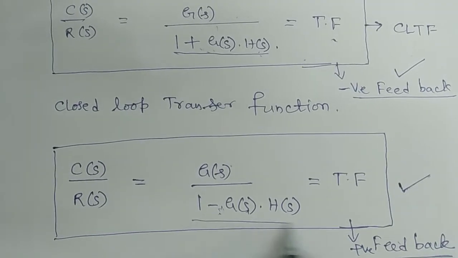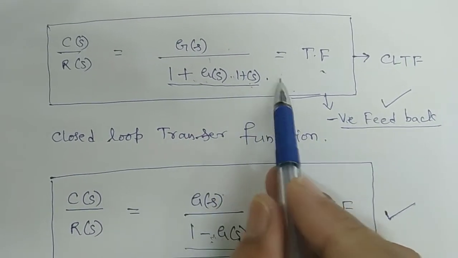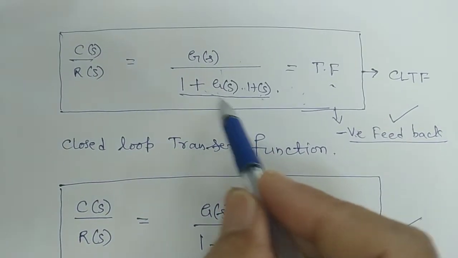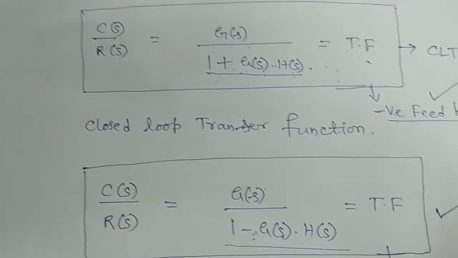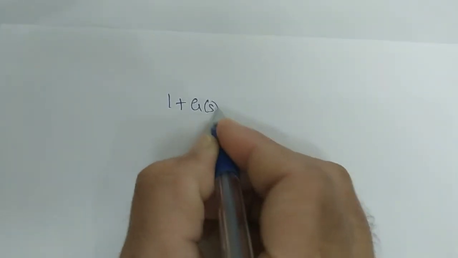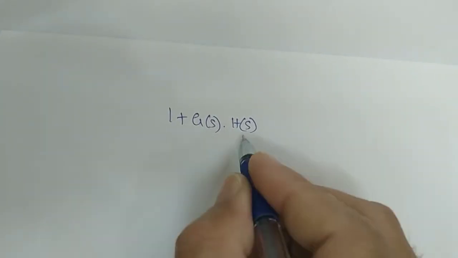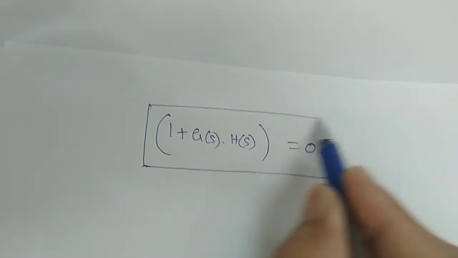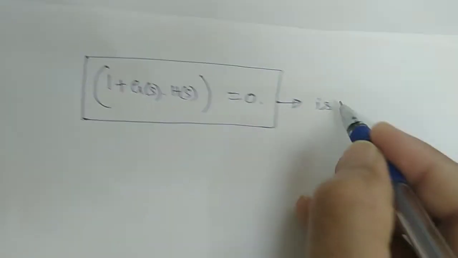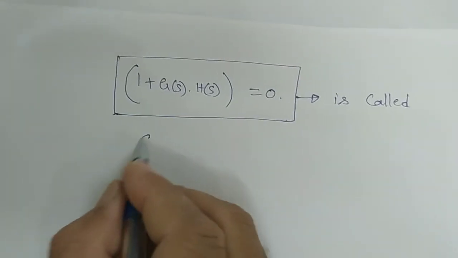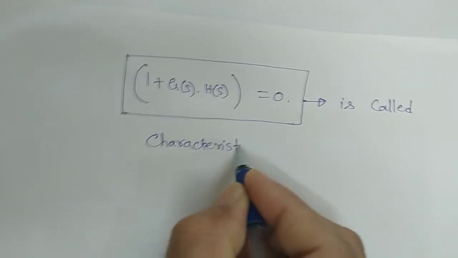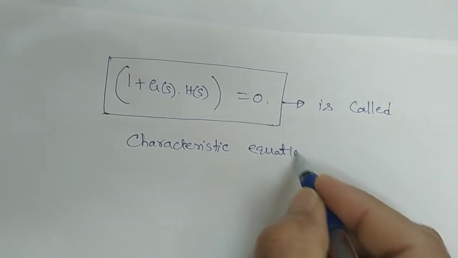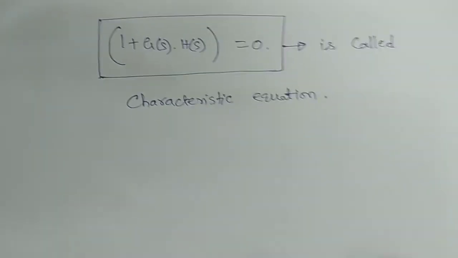If you equate this whole denominator, 1 plus G of S into H of S, equal to 0, then this expression is called the characteristic equation. We have to equate that equal to 0.